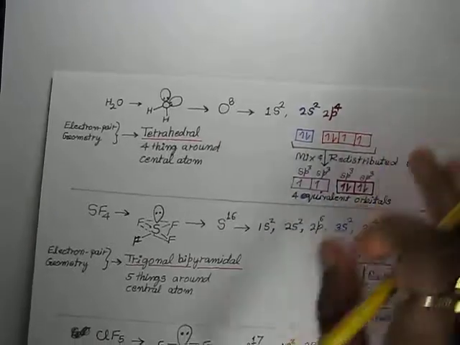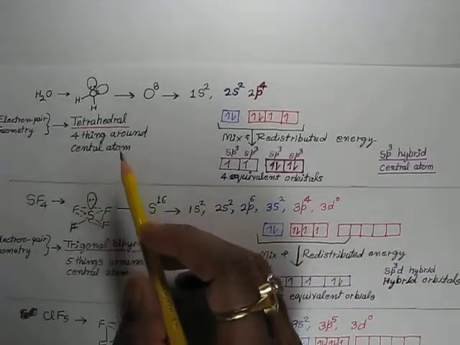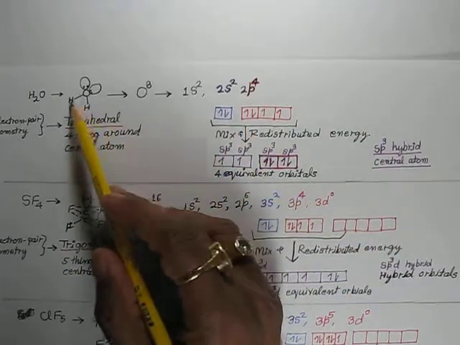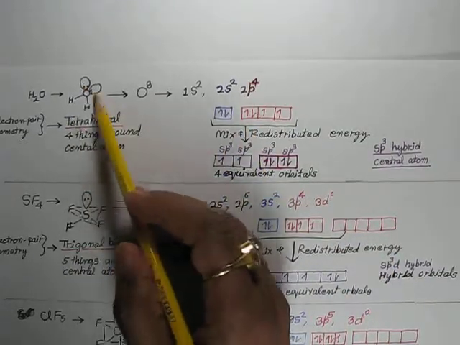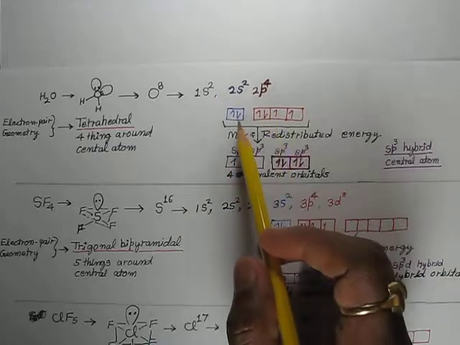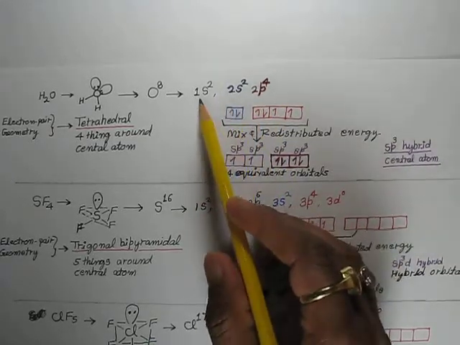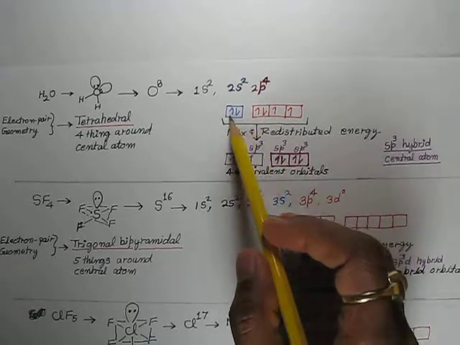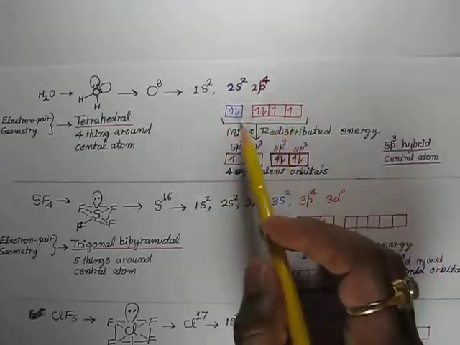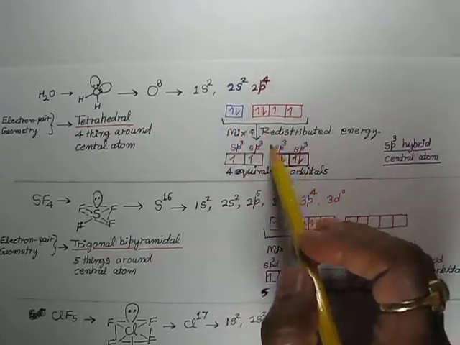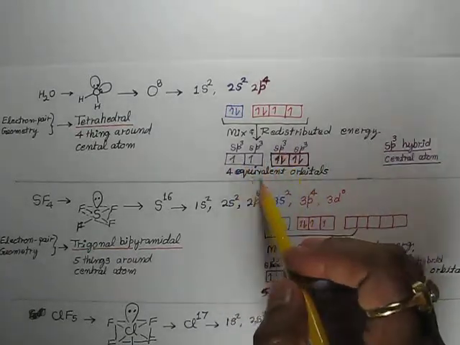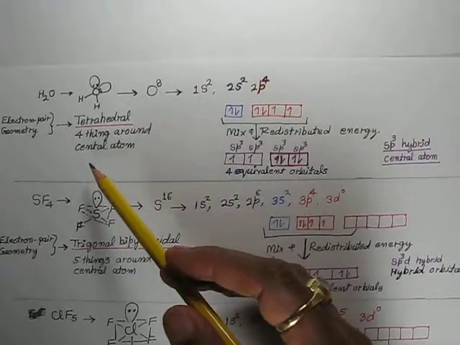Let's see another example, the water molecule. This is again tetrahedral, and you will notice that this time it has only 2 single bonds and 2 electron pairs remain. Oxygen is the central atom, and we write the electron configuration 1s2 2s2 2p4. You can see there are 6 valence electrons, but they are in different energy levels, so they need to be mixed and redistributed so that they can make equivalent orbitals for bonding.